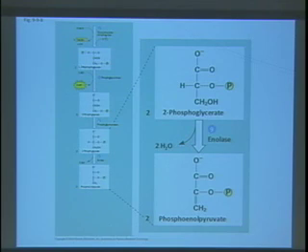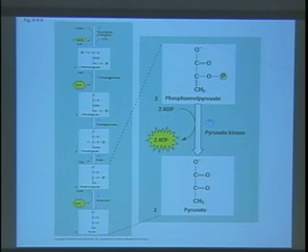The last reaction of glycolysis is catalyzed by pyruvate kinase, which takes phosphoenolpyruvate and produces pyruvate. And again, this is an energy-producing reaction because we take ADP and phosphorylate it to form ATP.